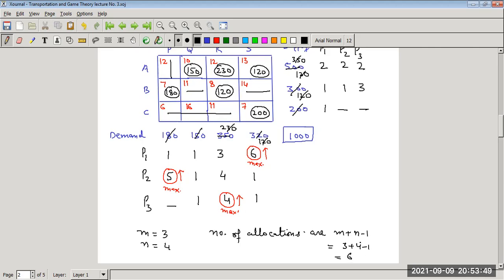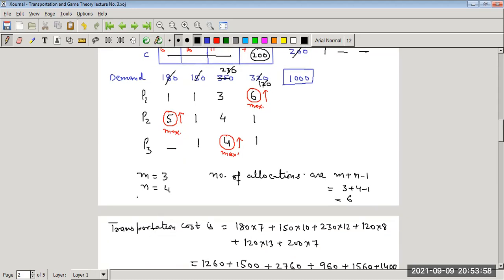So for a basic feasible solution, we need 6 allocations. Here we can see 1, 2, 3, 4, 5, 6. There are 6 allocations, so this gives us the basic feasible solution. We get the initial basic feasible solution, and this problem is non-degenerate.